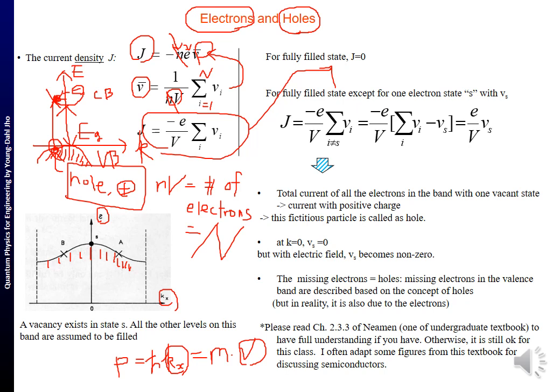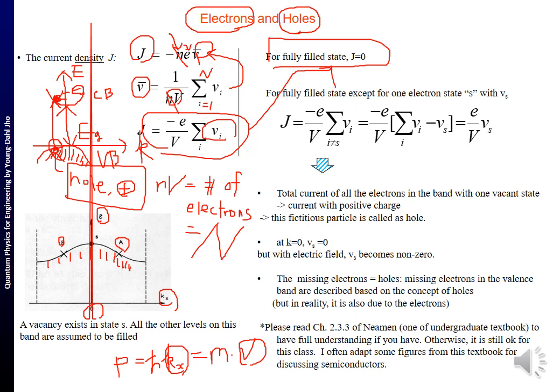And here the dispersion or energy-k relation has a symmetric structure from the center of 0. So right hand side, left hand side, they have symmetry. So if you have a positive value of v, there should always be a negative value. So that's why for a fully filled state, J should be 0.